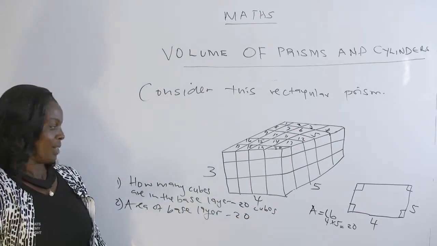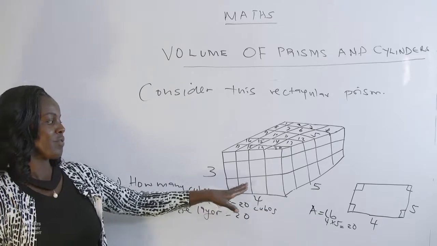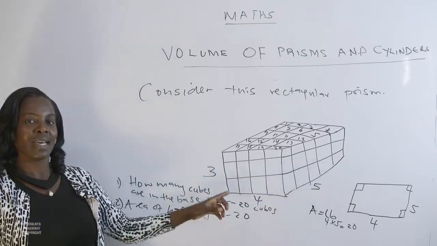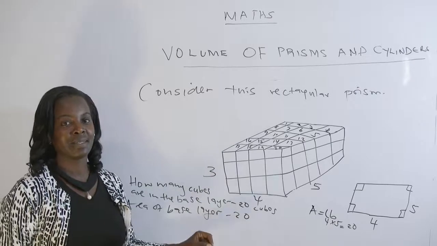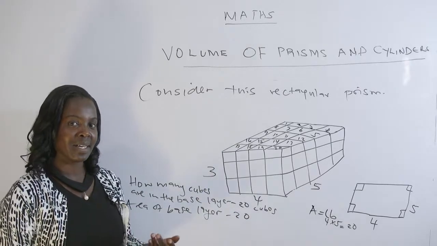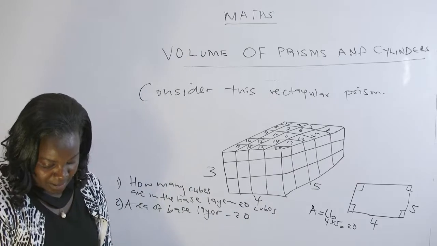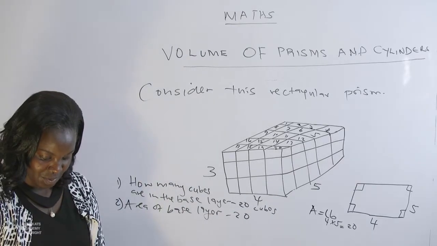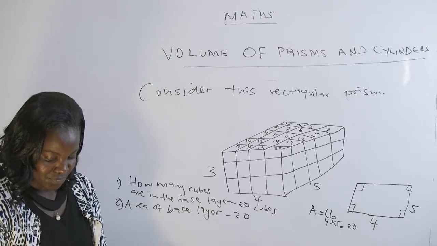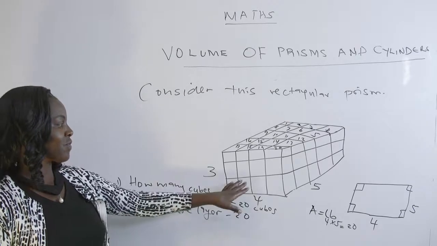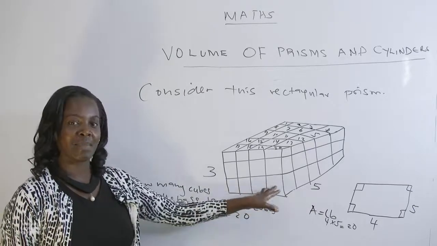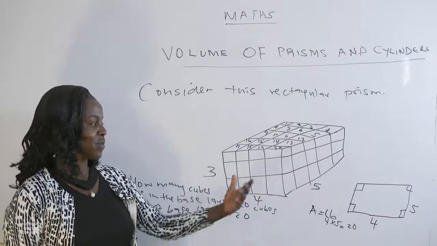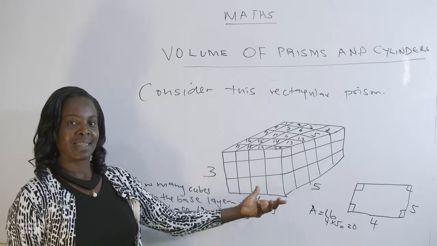What do you realize? The number of cubes forming the base layer is equal to the area of the base. Why is that so? Because the number of cubes at the base is equal to the number of squares at that base.